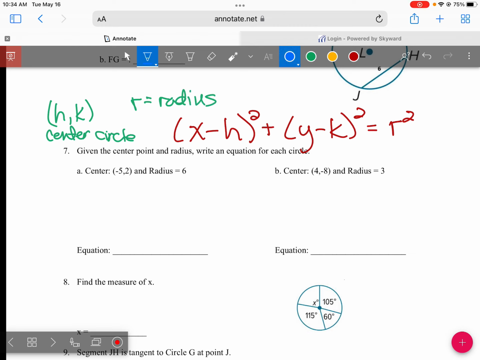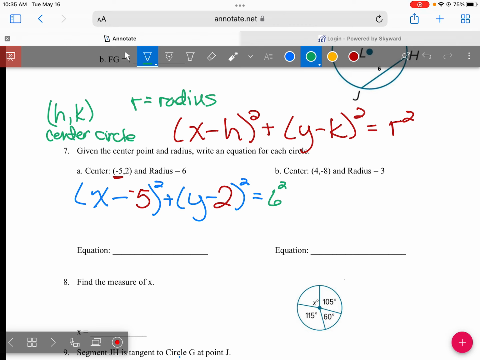So down here, it would be x minus, your h is -5, quantity squared, plus y minus 2, quantity squared, equals 6 squared. Leave the tests on your desk. You cannot subtract a negative, so this is adding the opposite. So it is x plus 5 squared plus y minus 2 squared equals 6 squared, which is 36.